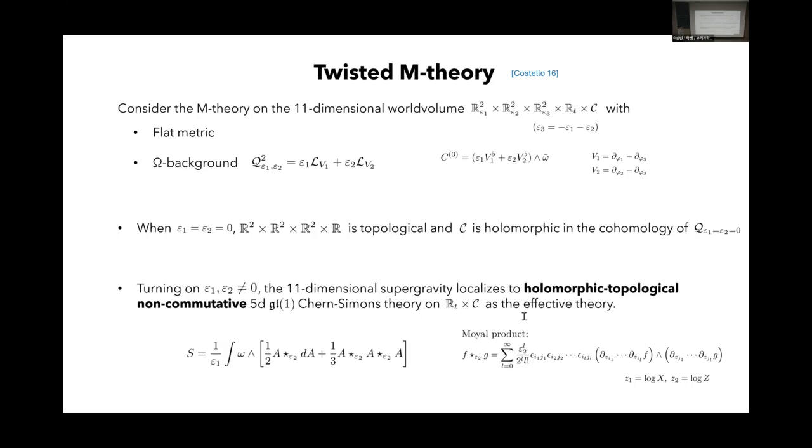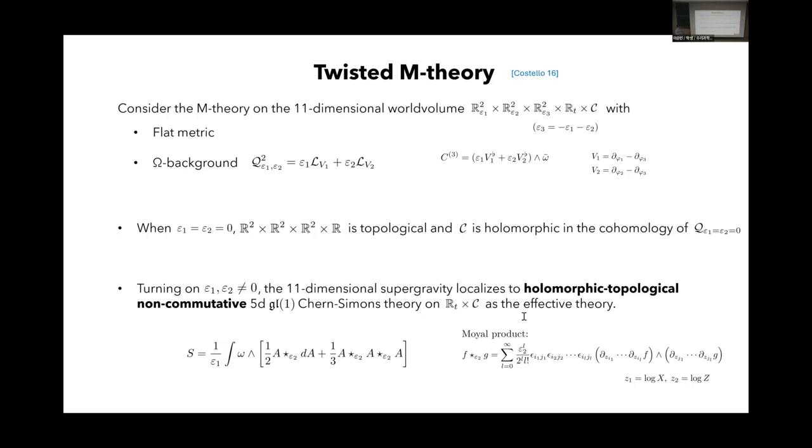Moreover, I implemented the Omega background with respect to the rotations, so the physics gets localized into the remaining five dimensions, which is R times C^2. So it becomes a holomorphic-topological non-commutative 5D Chern-Simons theory living on R times C^2.